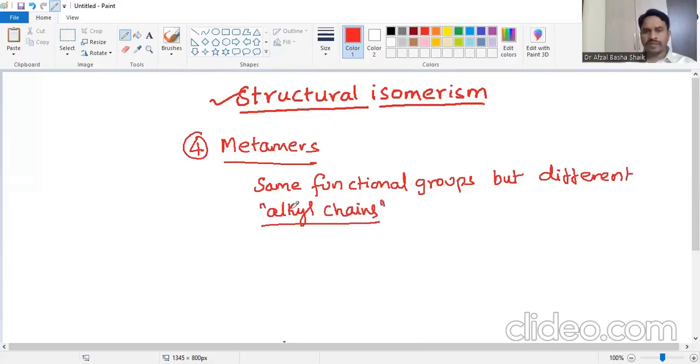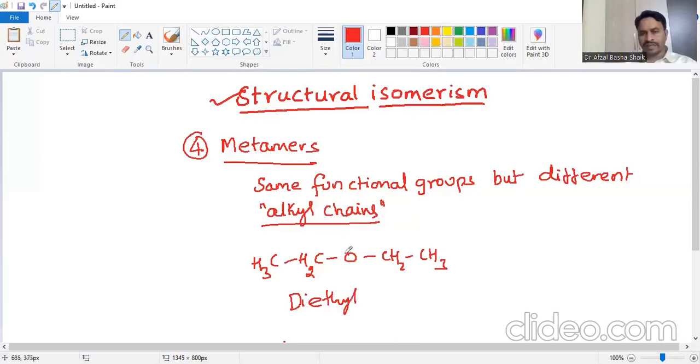They have different alkyl chains. Say, for example, this molecule has two ethyl groups here. This is diethyl ether. Already we have discussed, right? And this is diethyl ether. It has an ether functional group with two ethyl groups. Ether with two ethyl groups.